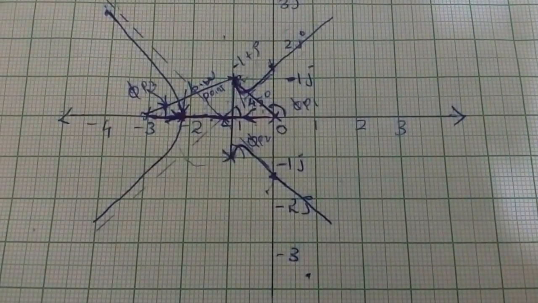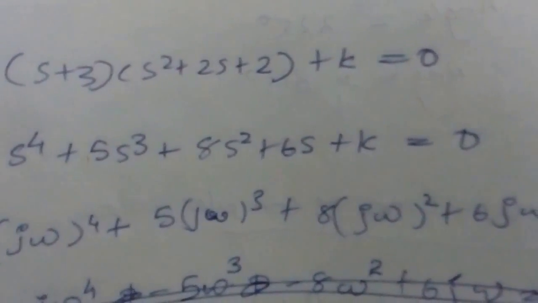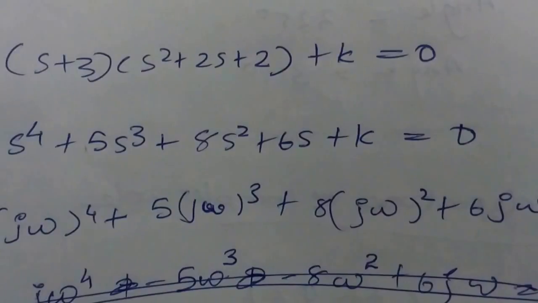To find the imaginary axis crossing point, consider the characteristic equation.